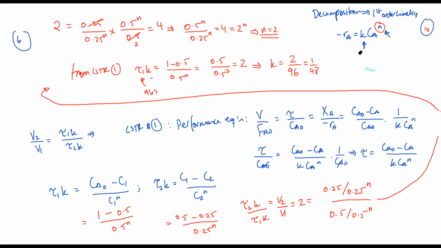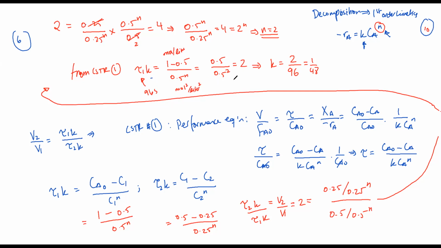Let's have a look at the units here. Here I have basically C over C to the n, so this will be mole per liter over mole squared per liter squared. This is divided by seconds.